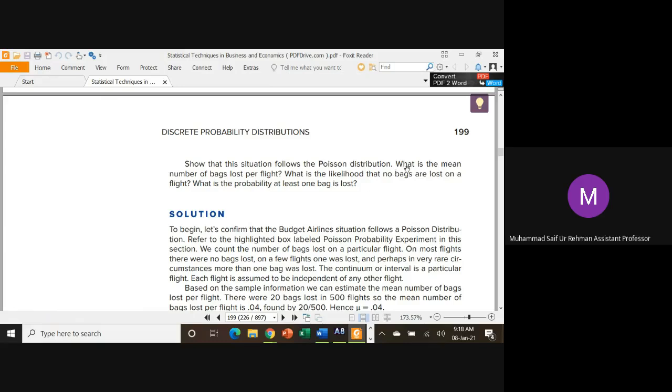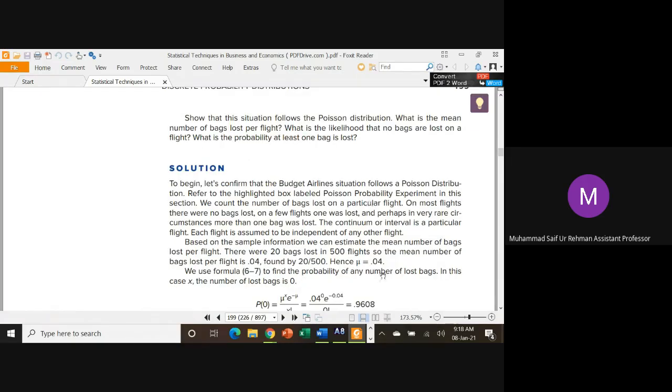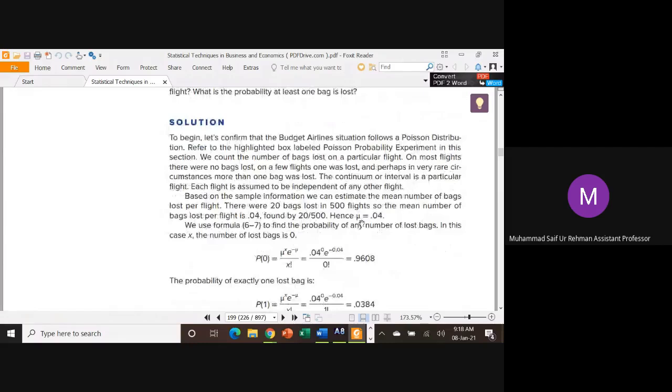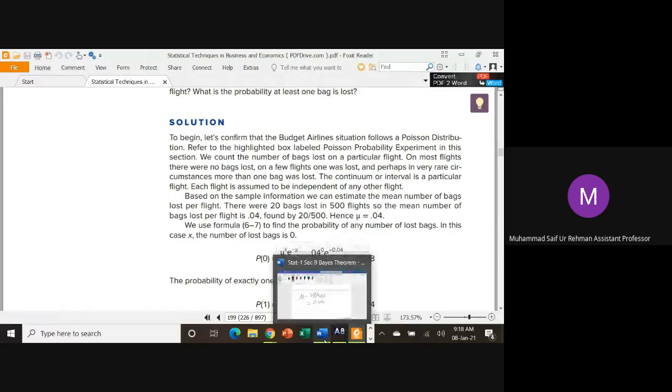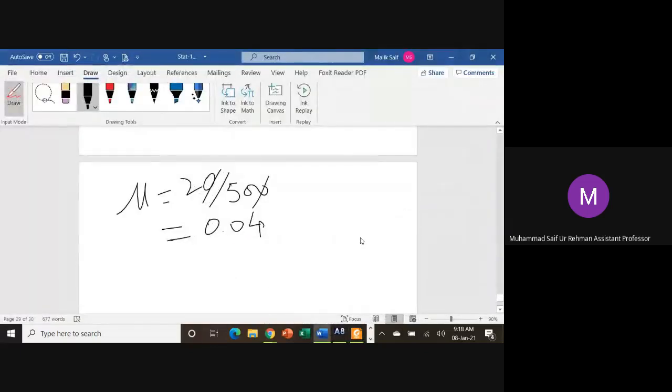Okay. So what is the mean for this? You can see over here, mu is equal to 0.04. Mu is equal to np. What is n? n is 500. And what is p?